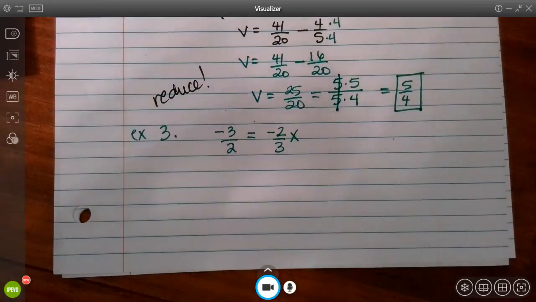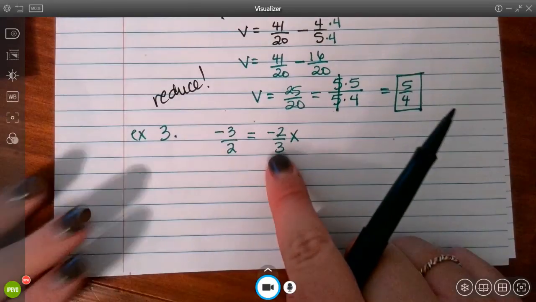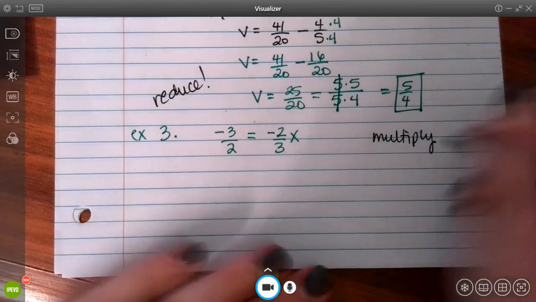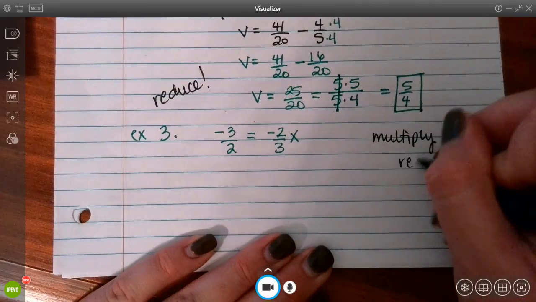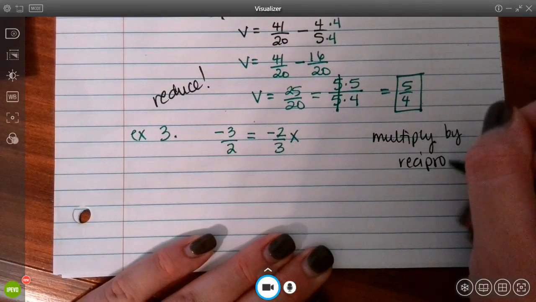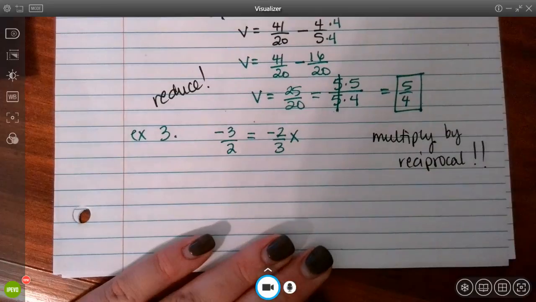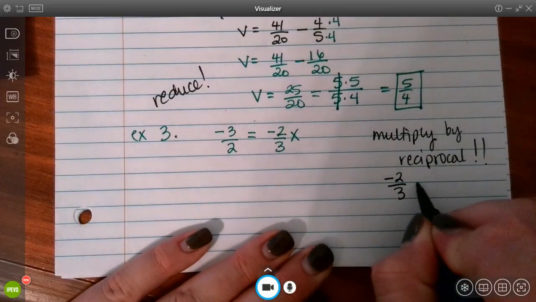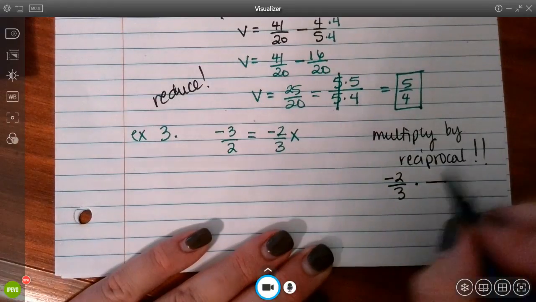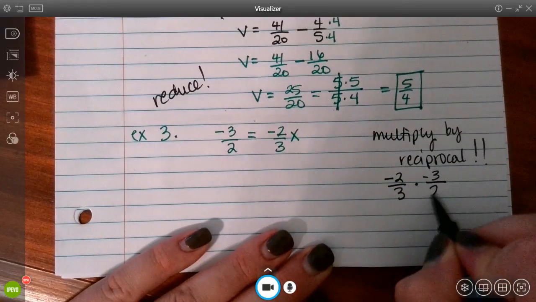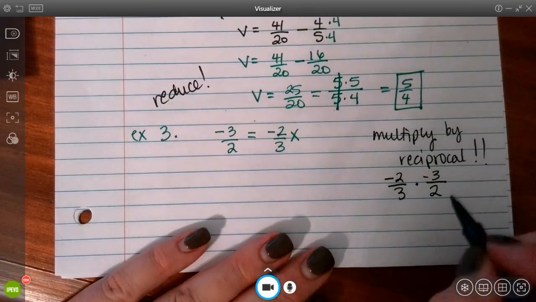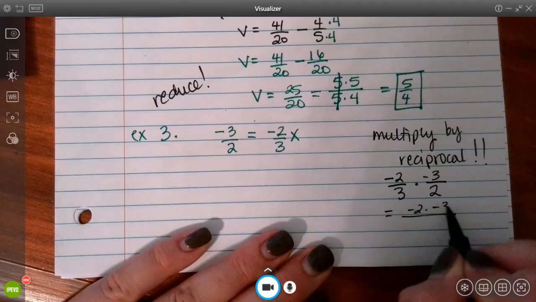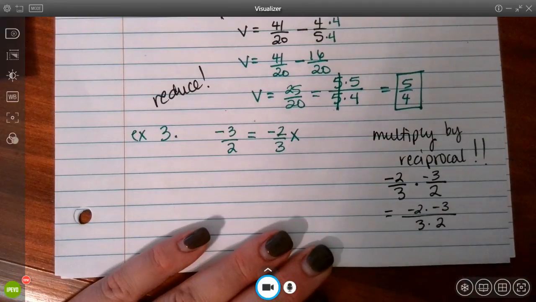To get rid of this negative 2/3 from both sides, I'm going to multiply by the reciprocal. And I'm going to show you why this works. When I have 2/3 and I multiply it by its reciprocal, negative 3/2, you'll notice that this is the same thing as writing negative 2 times a negative 3 over 3 times a 2.